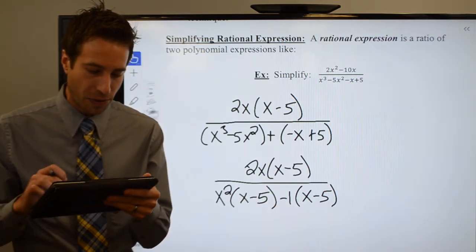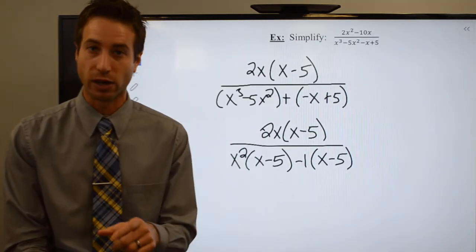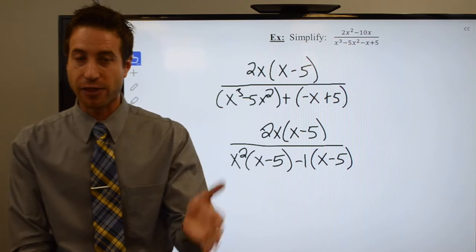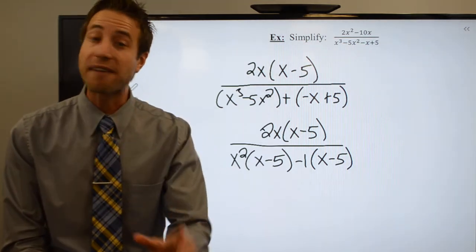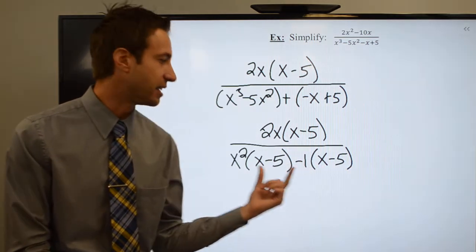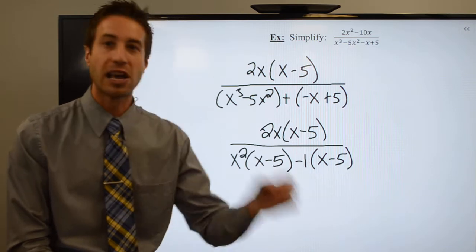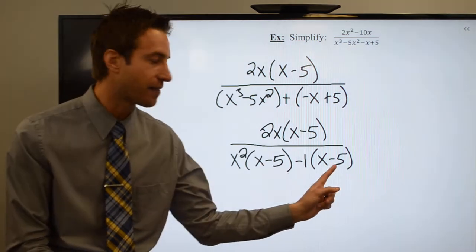Now again, a couple more things about the way the group and factor method works. After you've grouped the terms together and factored a GCF out of each pairing, these leftover factors have to be the same. They must be exactly the same, x minus 5, x minus 5.